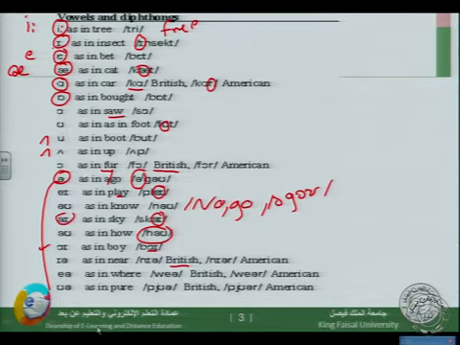Where, and where. Notice the sound. And here, like poor. Which one is American? The one with R, poor.